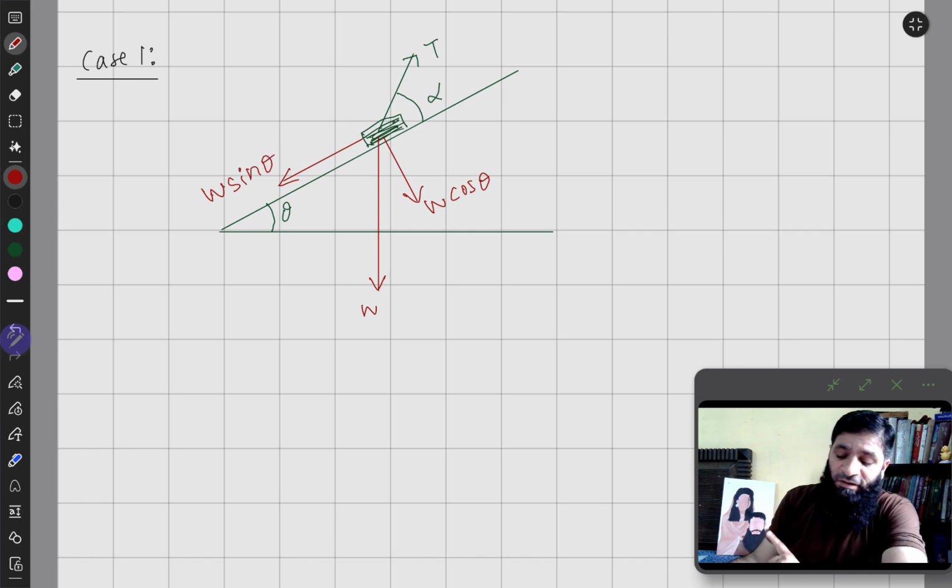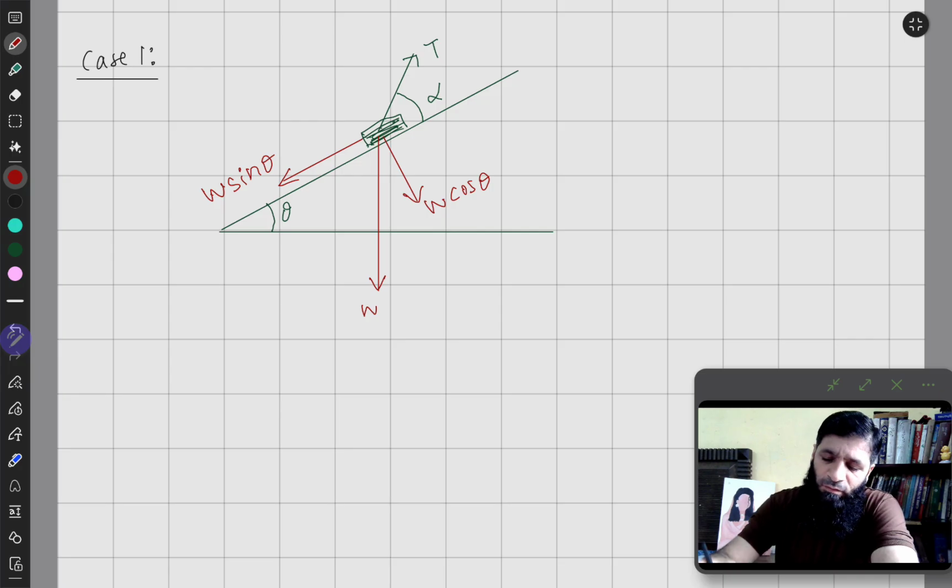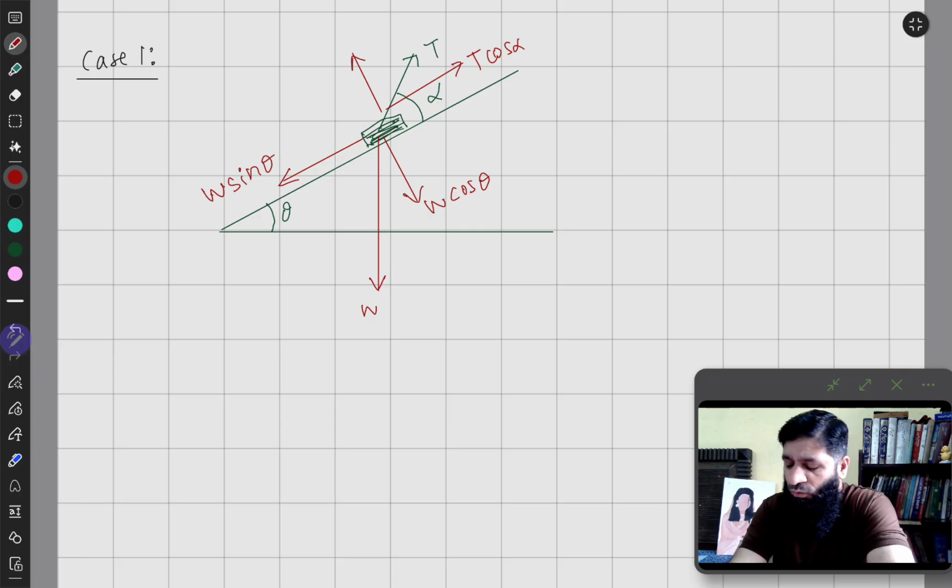And look at the external force T, which is making angle alpha with the horizontal. If you resolve this force T parallel to the movement, the component will be T cos alpha, and the component which is perpendicular to the direction of movement will be T sin alpha.